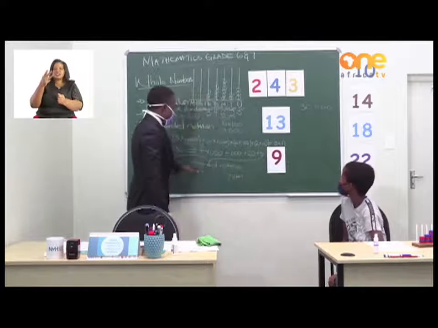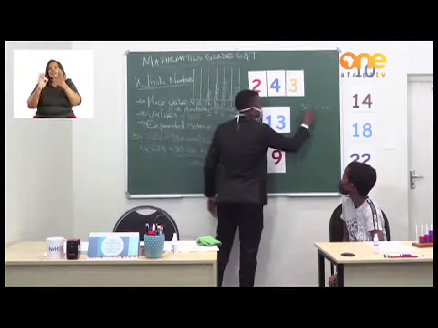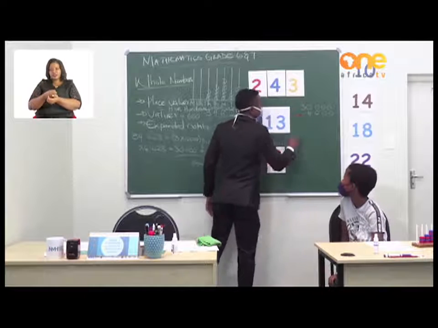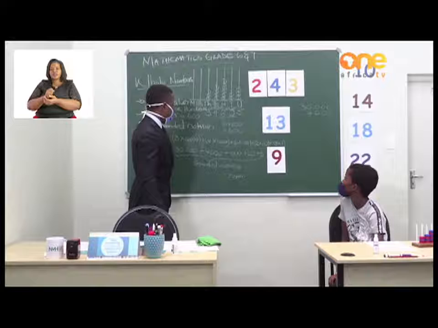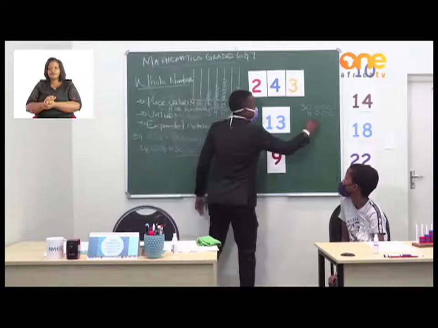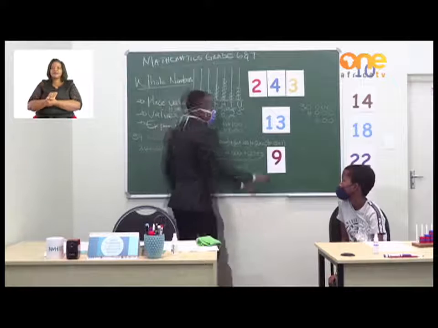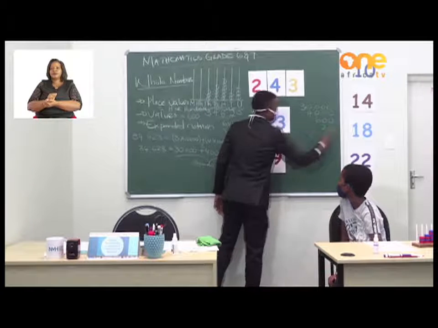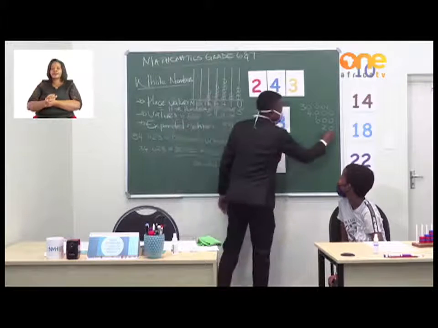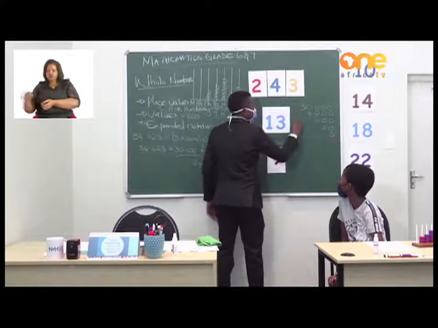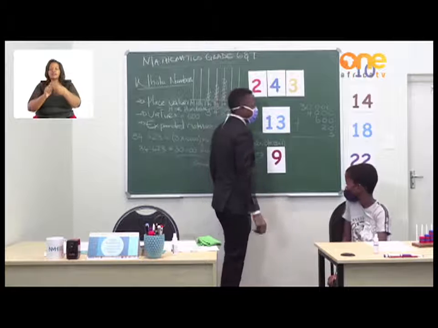I'll take 4,000. Let us add in a vertical way. It is called standard algorithm. 600. I add 20. And I add 3. I have a line, and I have my addition here.